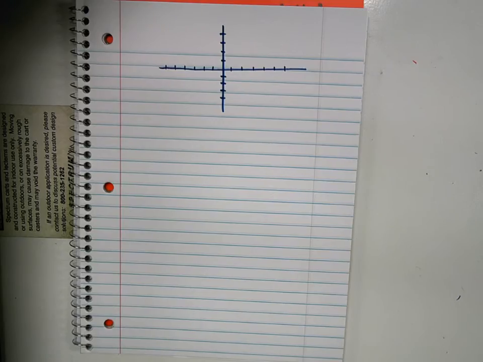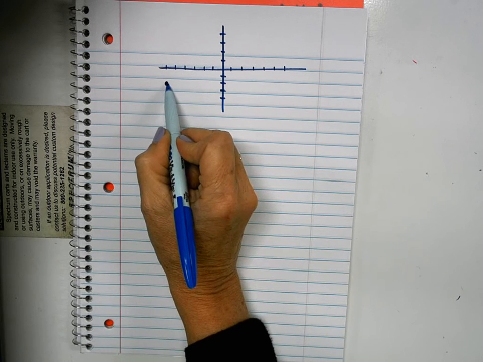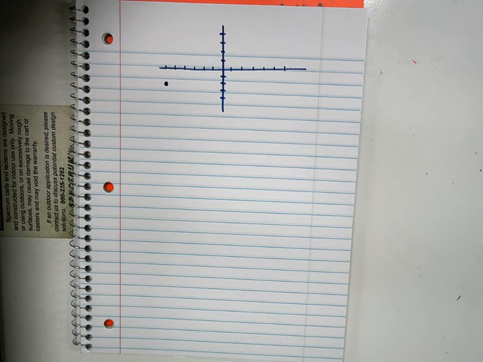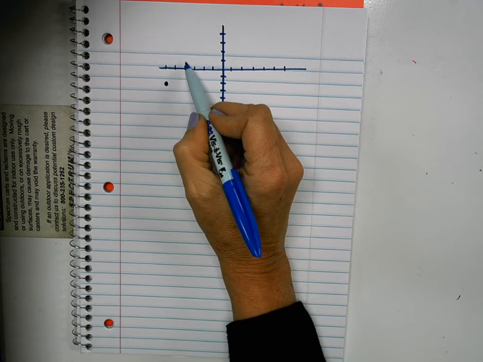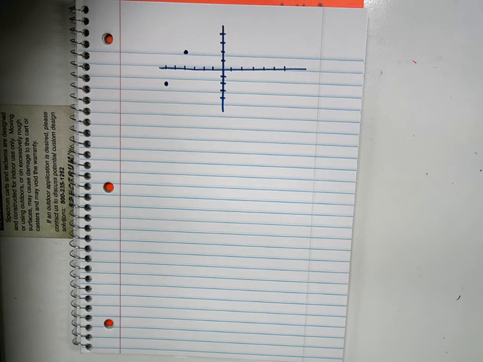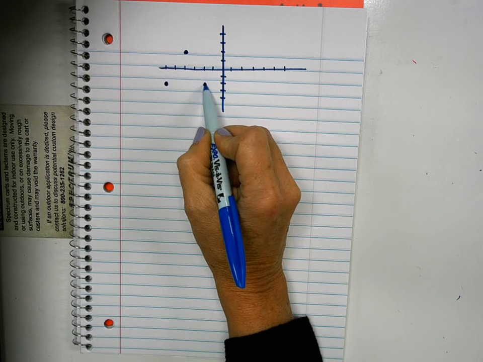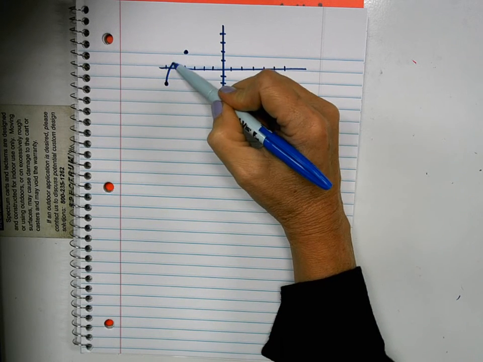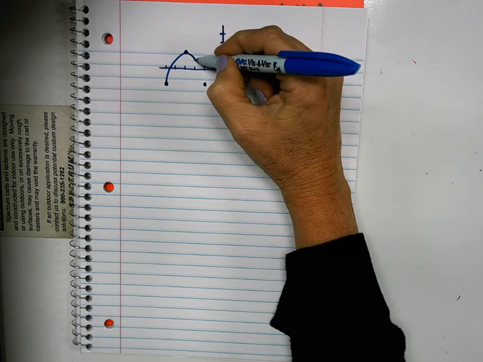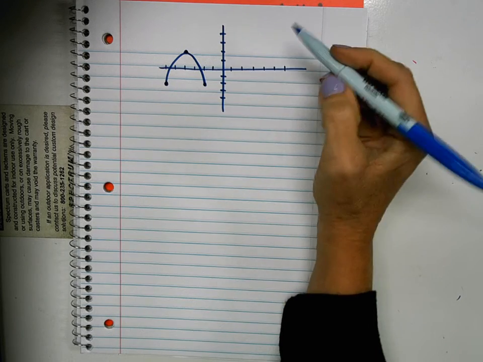Okay, so first point, plot -6, -2. Plot -4, 2. -2, -2. And I want you to make an upside down U. Plot 4, 4.